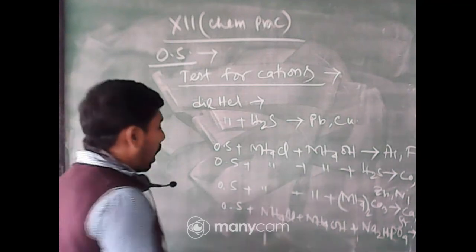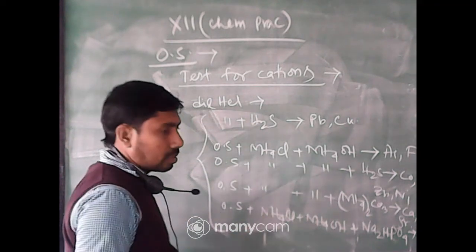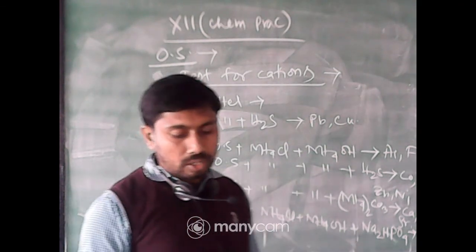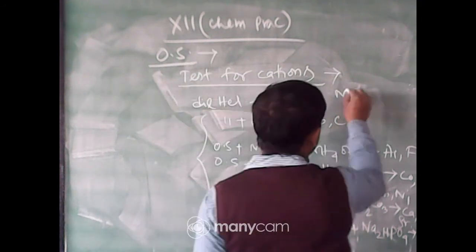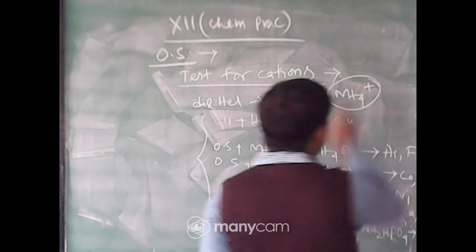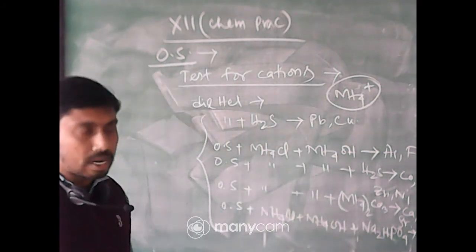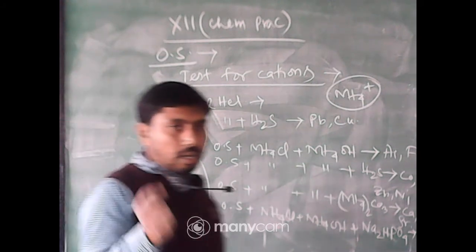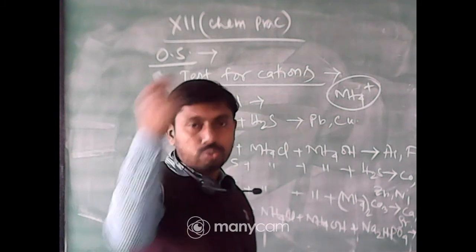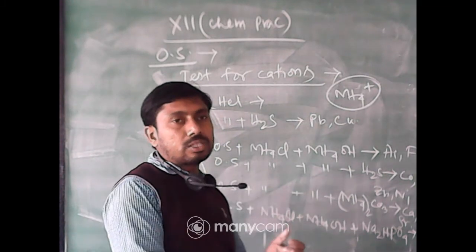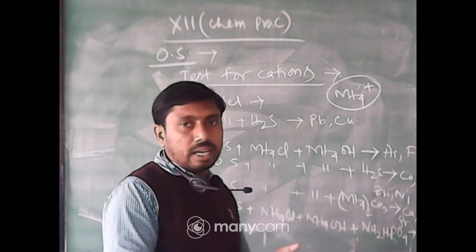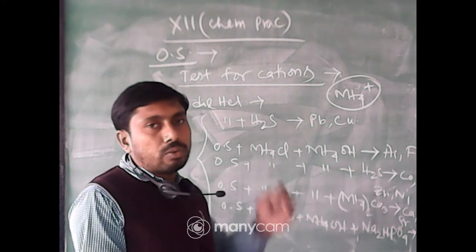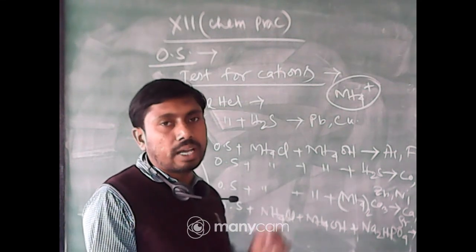So, if after the completion of these tests no precipitates are found, then the remaining radical, that is cation, is ammonium cation, NH4 plus. NH4 plus gives a confirmative test in the dry way also, using sodium hydroxide pellet. The issuing gas has a characteristic smell, and when held over HCl vapor, it gives a condensed fume.